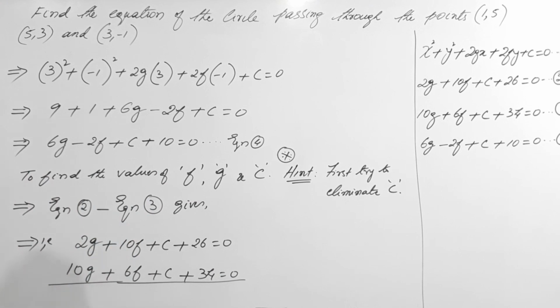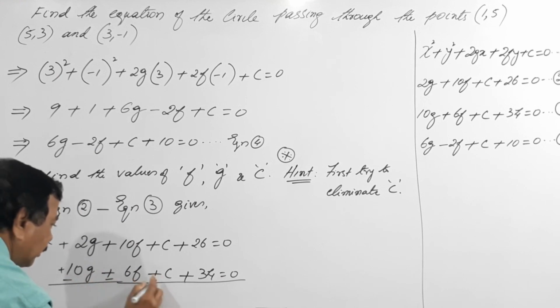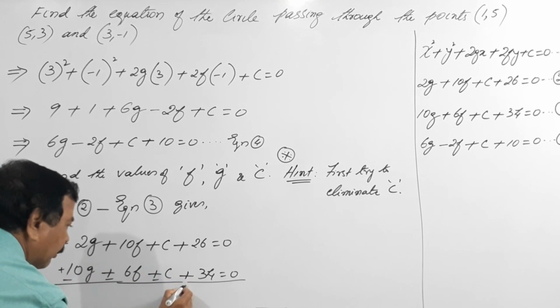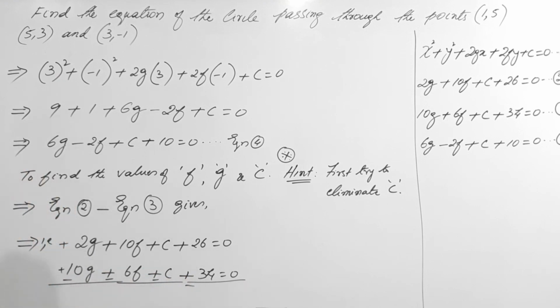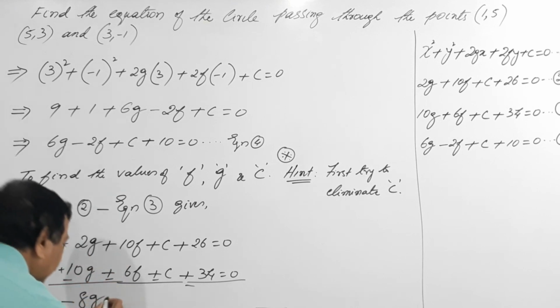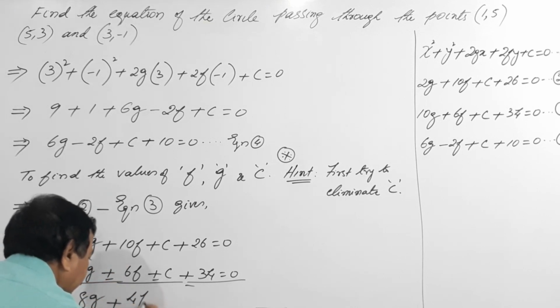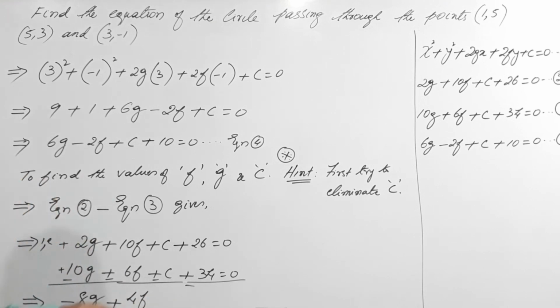What happens here? Both are plus, so this becomes minus. Change the signs, minus, and this also minus, and this also minus, right? What happens here? This is plus 2 minus 10, so minus 8G. Here plus 10F minus 6F becomes plus 4F. Here plus C minus C cancels.